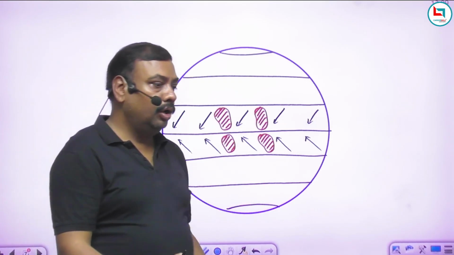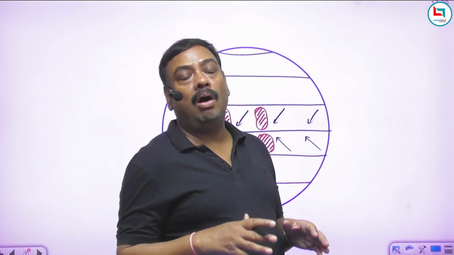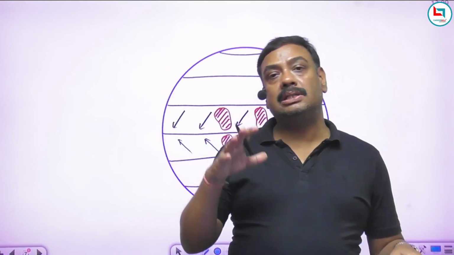Got it? So, piling up of warm surface water, because the surface water of the ocean is always warmer. It is always warm, because it is the region which directly receives the solar radiation, which directly receives the insolation.